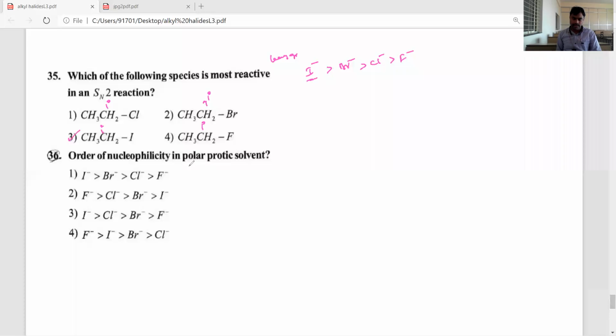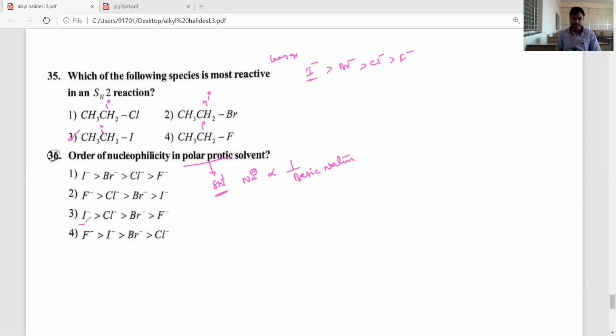The nucleophilicity order in polar protic solvents. Polar protic solvents means SN1 reaction. In SN1 reactions, nucleophilicity is inversely proportional to basic nature. So corresponding conjugate acids. Here HF is weak acid, then F minus is strong base.